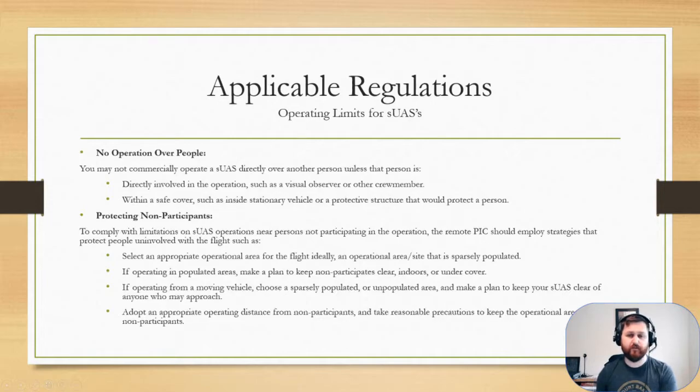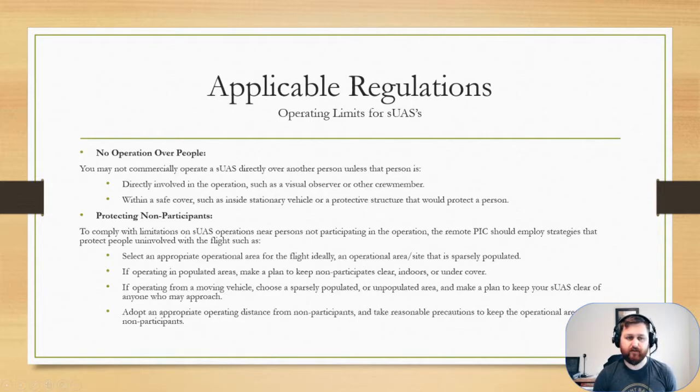But if there are others who are not part of the crew, then they must be in some form of safe cover, whether that's inside, say, a stationary vehicle or some other type of protective structure. So, protecting non-participants.